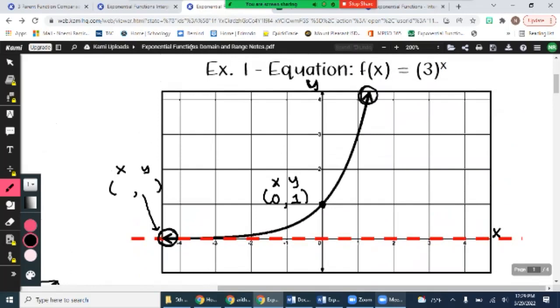And I have an arrow over here, so we're also going to label this one. I'm going to start with this one, just for, you'll see why. X, Y.